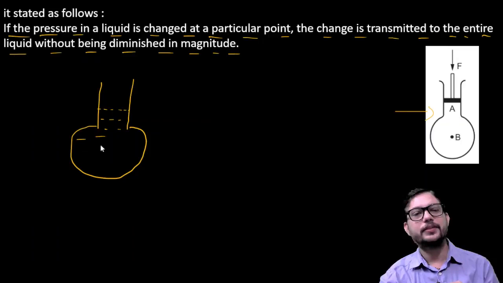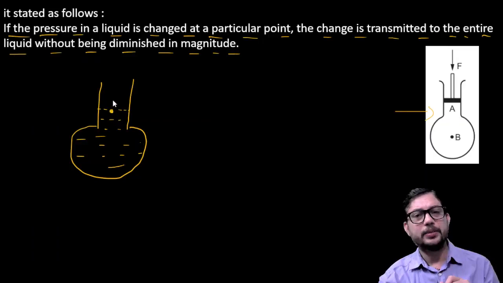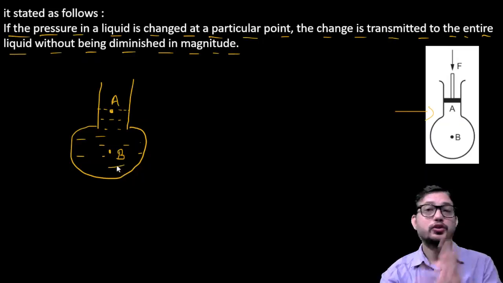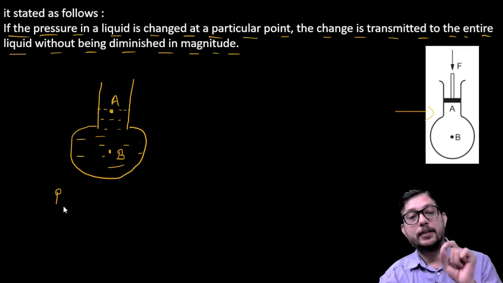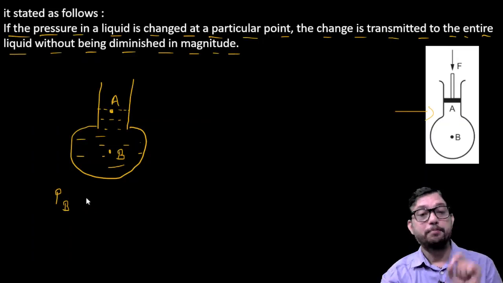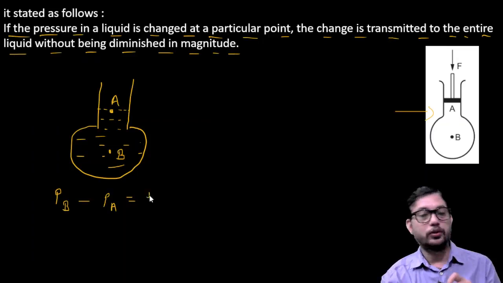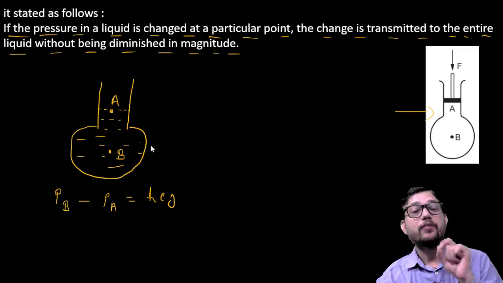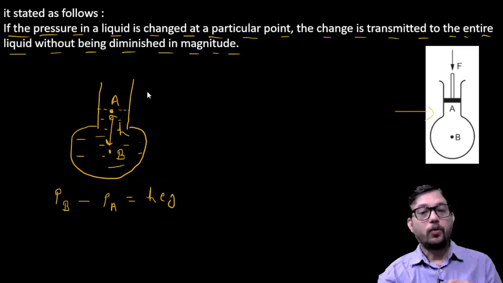We have 2 points in the vertical column, let that be point A and that be point B. Initially, the pressure at point B minus the pressure at point A must be equal to H rho g, where H is the separation between these 2 points. Okay, now what?